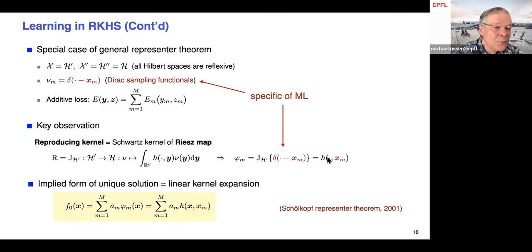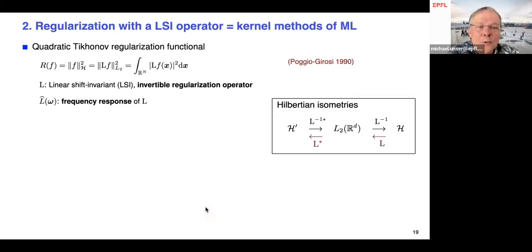And this gives you the kernel because it will just extract those values of the kernel. And so at the end of the day, your solution is just a linear combination of kernels. The kernel here has two indices: one is taken as the output variable, and the other one is fixed and corresponds to the location of your data points.